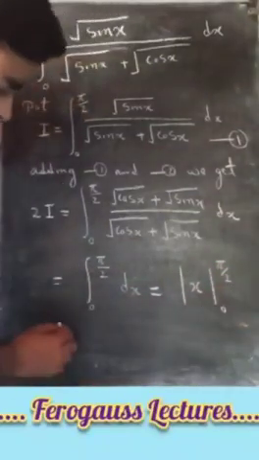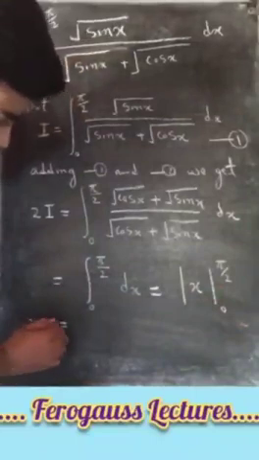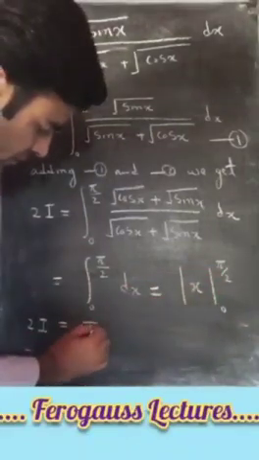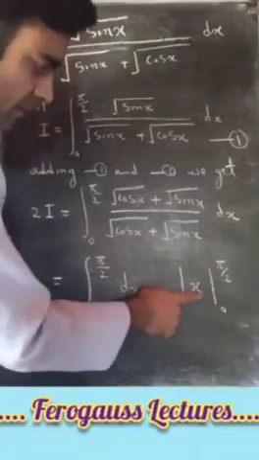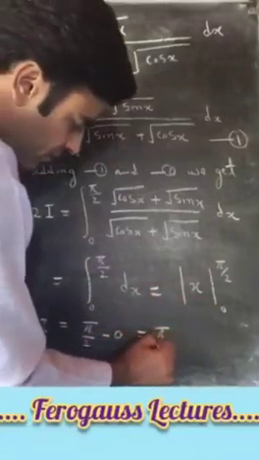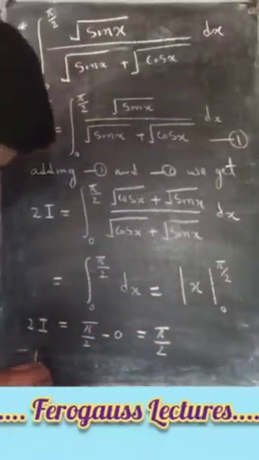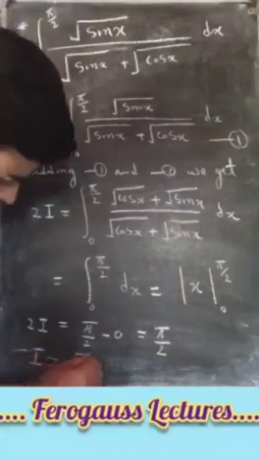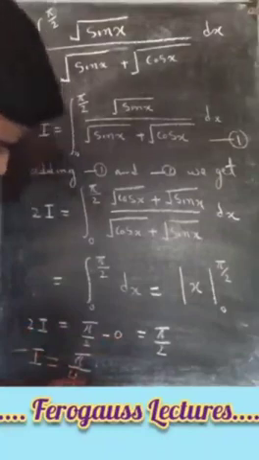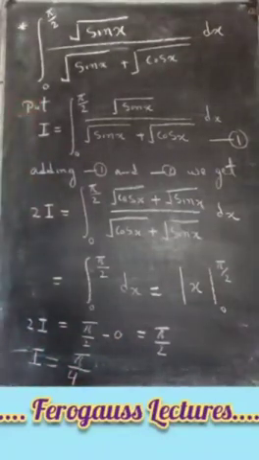Now apply the limits, we get 2I is equal to pi by 2, replace x by pi by 2, so we get pi by 2 minus, replace x by 0, minus 0, so that is equal to pi by 2. So we get 2I is equal to pi by 2. That means I is equal to pi by 2 into 1 by 2, that is equal to pi by 4. That is the answer. So this completes the question.